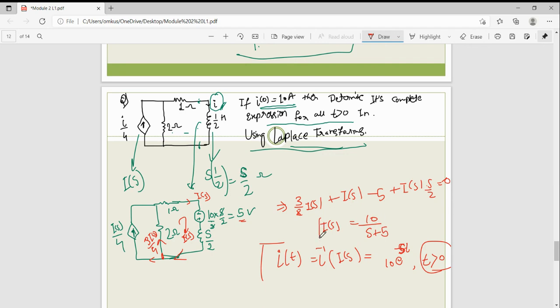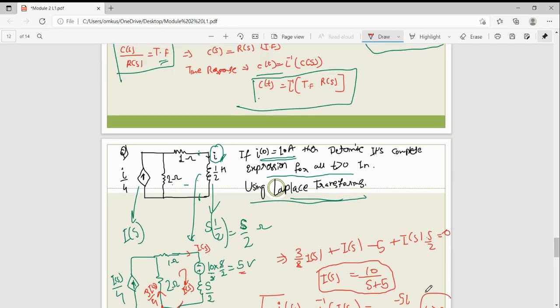Now apply the Laplace inverse of this, which represents e to the power of minus 5t. Now see how to apply the Laplace inverse transform here. This is a standard format of signal which is represented in this table.